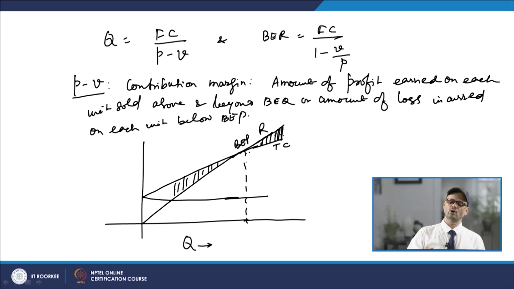So as you go on you will have profits increasing, and here we have assumed that this cost line or revenue line is a straight line, and they are meeting at a point, whereas the revenue line may be non-linear, and in that case there may be situations when it may cut at 2 points. So that is known as a dual break even point.